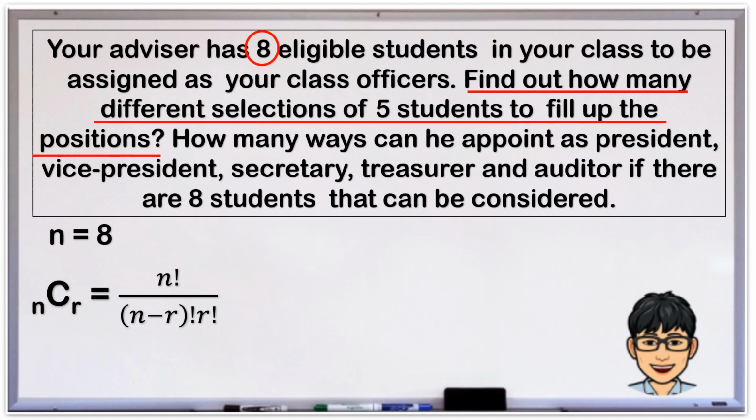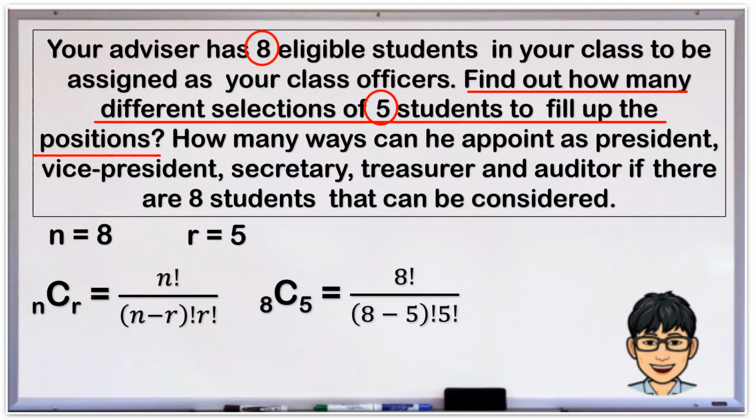At dahil pipili lang tayo ng 5 students para sa class officer, our r is equal to 5. So therefore, we have 8 select 5, and that is equal to 8 factorial divided by the quantity of 8 minus 5 factorial times 5 factorial, and is equal to 8 factorial divided by 3 factorial times 5 factorial.